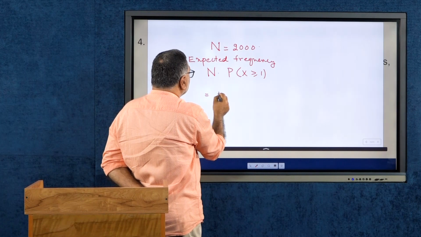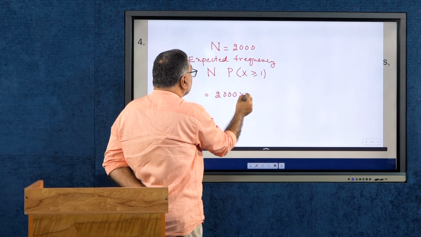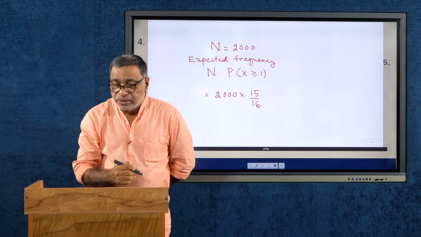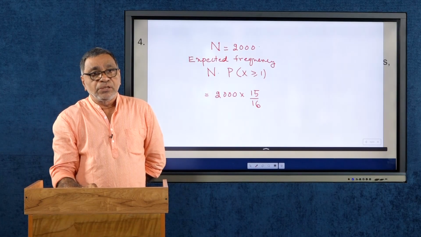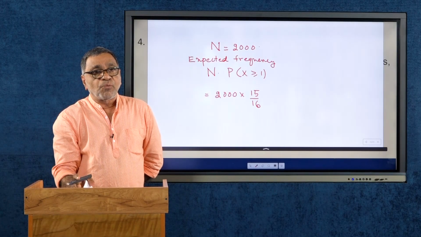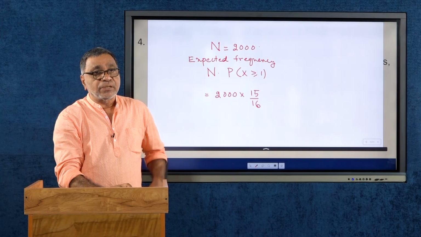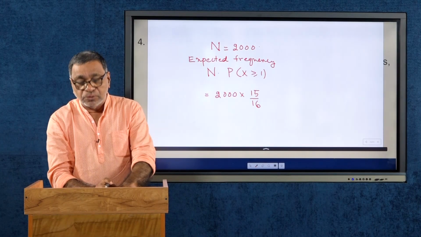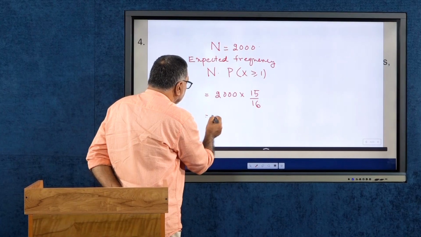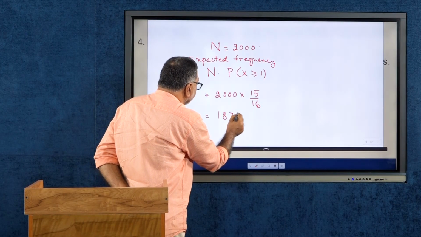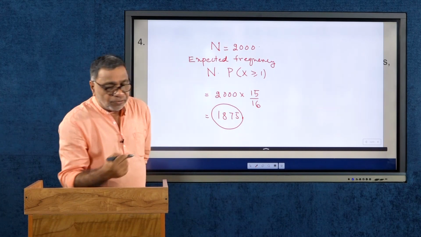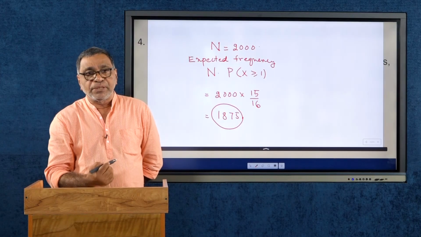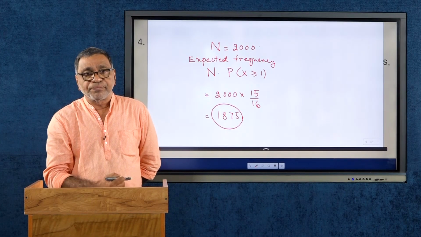So that is 2000 into 15 divided by 16, which gives the expected number of families having at least one boy. On simplification, out of 2000 families, we can expect 1875 families to have at least one boy.